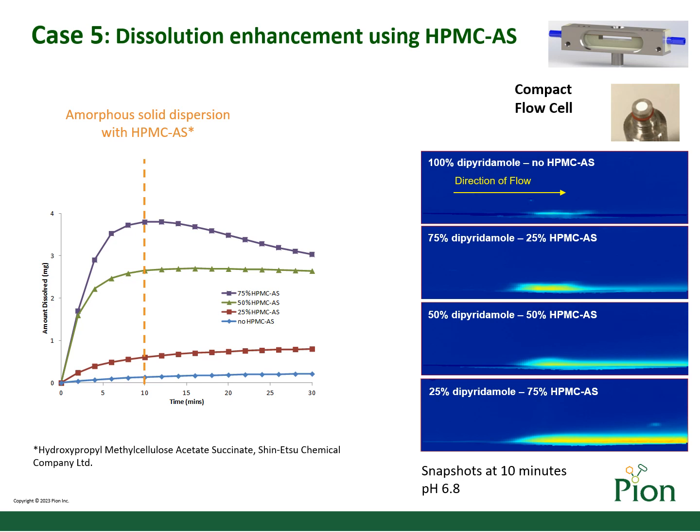These color images clearly show the dissolution enhancement of the excipient, which is mirrored in the dissolution curves captured from the same experiment. Then, increasing the proportion of HPMC acetate succinate in the dispersion increases the dissolution rate of dipyridamole.